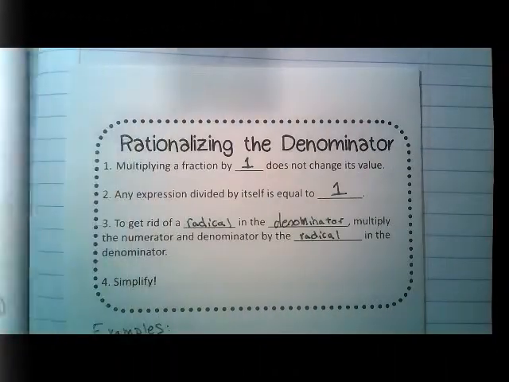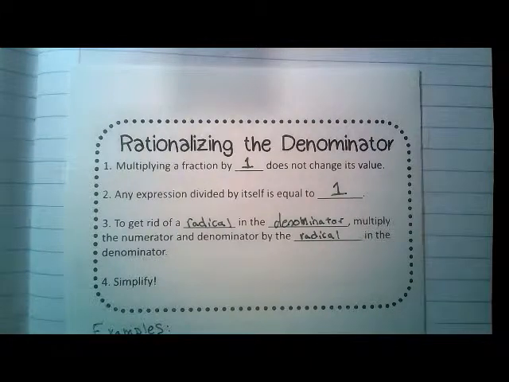The first thing to think about is that multiplication identity property, where if we multiply a fraction by 1, we don't change its value. The second is that any expression divided by itself is equal to 1. So like 3 over 3 is 1, 4 over 4 is 1, 2 over 2 is 1.